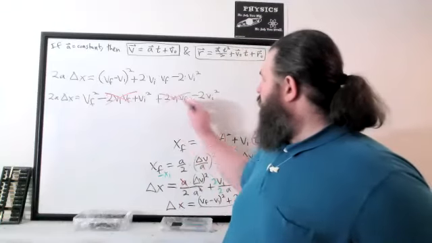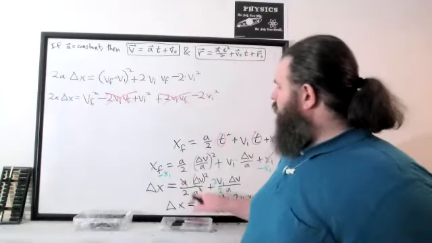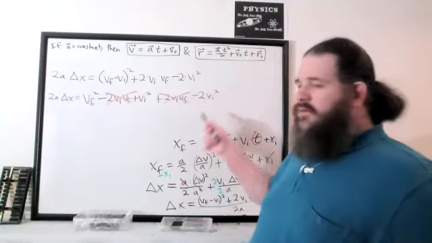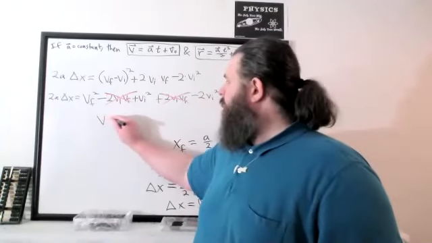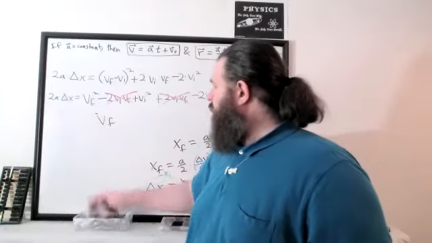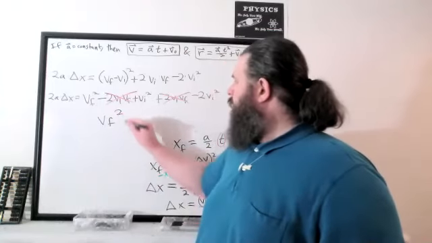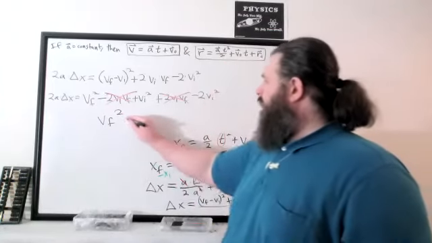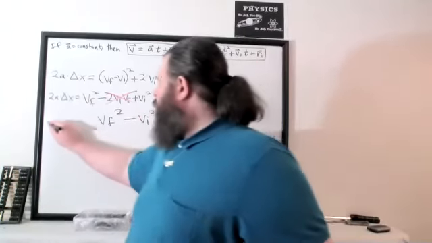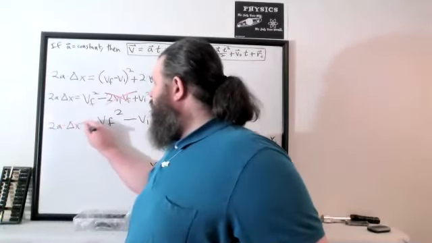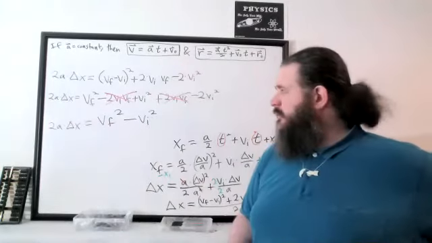So those are going to cancel out. We've also got V initial squared minus 2 V initial squared. So we end up with V final squared. One of these cancels out, we're left with just minus V initial squared. So we get 2a times delta x equals V final squared minus V initial squared.